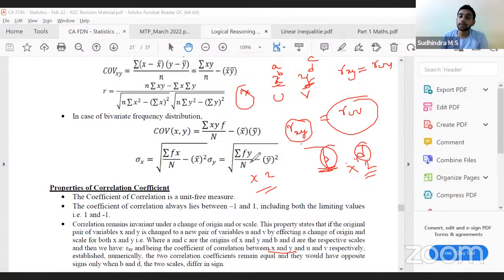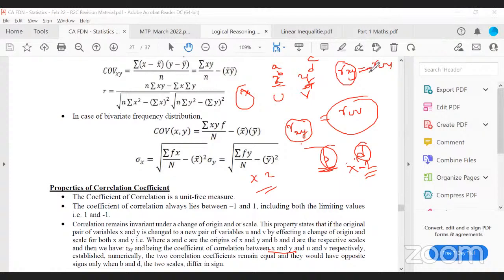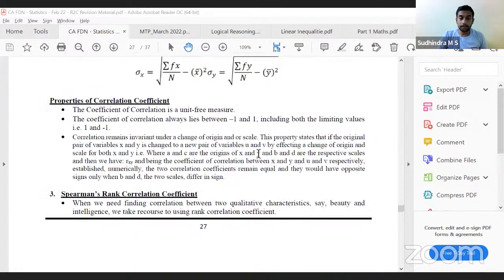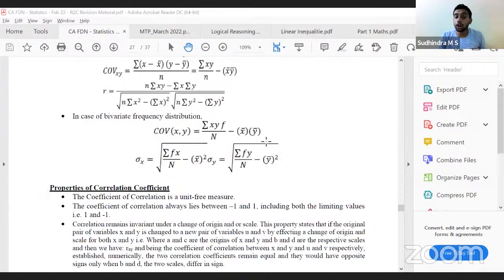However, if x is multiplied by 2 and y is multiplied by minus 2, in such cases r_xy will be equal to minus r_uv. There will be a change in the sign. There will only be a change in the sign and not the value. So the value doesn't change, only the sign will change. This is the correlation coefficient with regard to Karl Pearson's method. Clear with this?